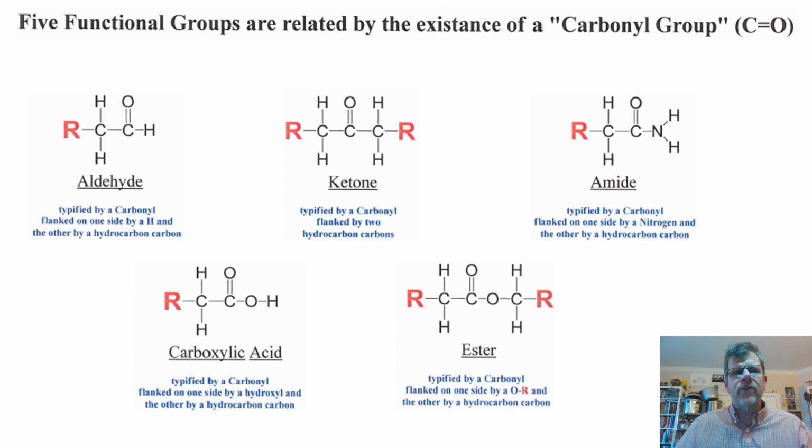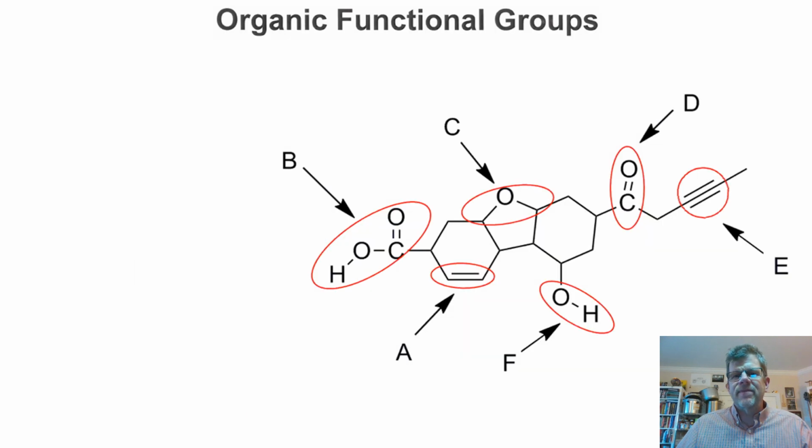So let's take a look at how we might be asked to pick these out of a lineup, so to speak. Here now we have a big scary molecule. Try to put aside these circles there, but below it we have a very large molecule drawn in line drawing.